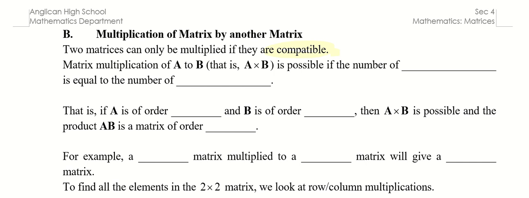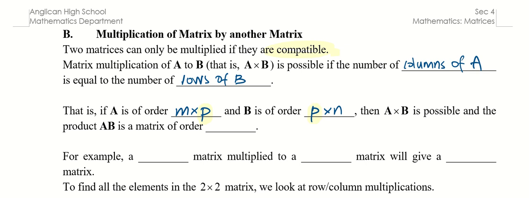Matrix multiplication of A and B is possible if the number of columns of A is equal to the number of rows of B. That means, if A's order is m times p and B is p times n, you observe that the p and the p are the same.